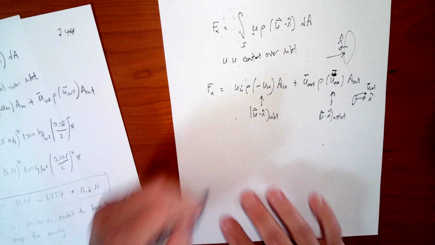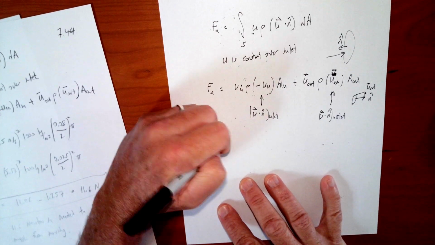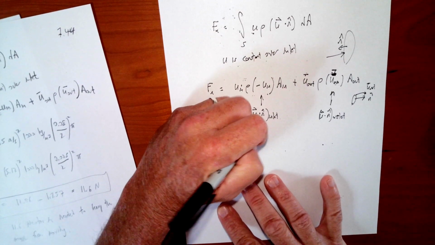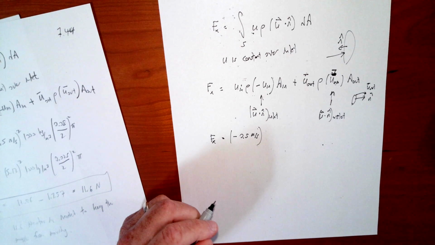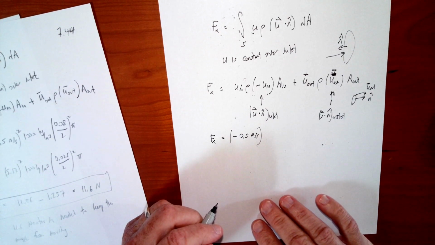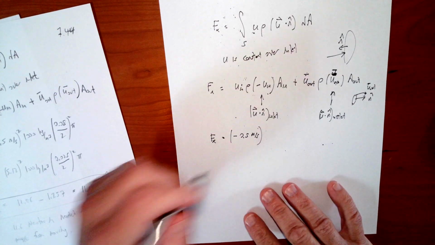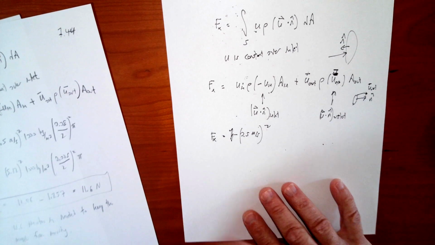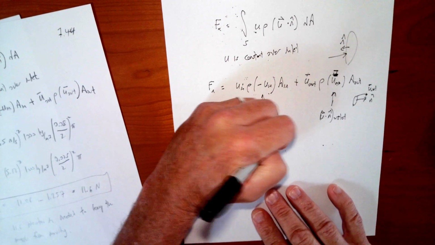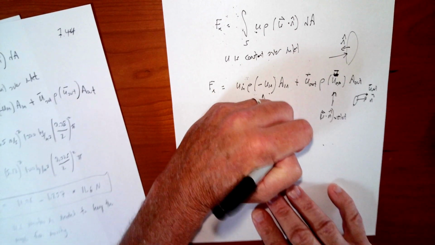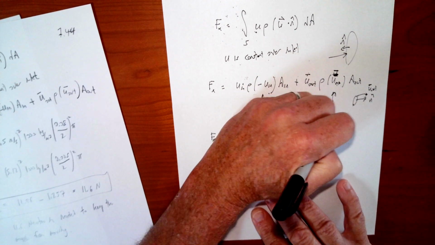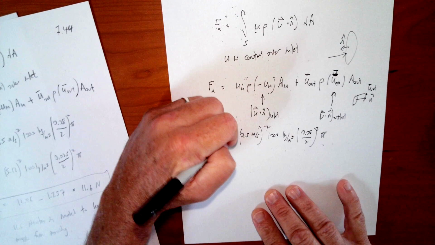So we have all these numbers now, so we can go ahead and plug these in. We get Fx equals negative 0.5 meters per second, negative 0.5 squared, negative sign, times 1,000 kilograms per meter cubed times 0.08 over 2 squared times pi.